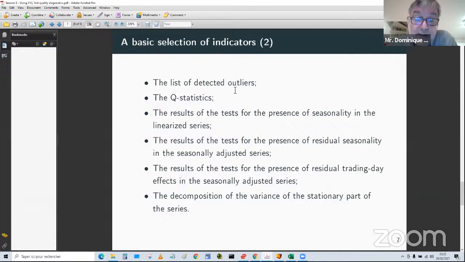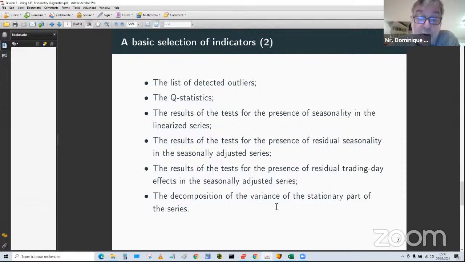Here you have the list of detected outliers, the Q statistics, the results of tests for the presence of seasonality in the series, the presence of residual seasonality, the presence of residual trading day. And I want also the decomposition of the variance of the stationary part of the series, because this will give me an idea of the size of every component.